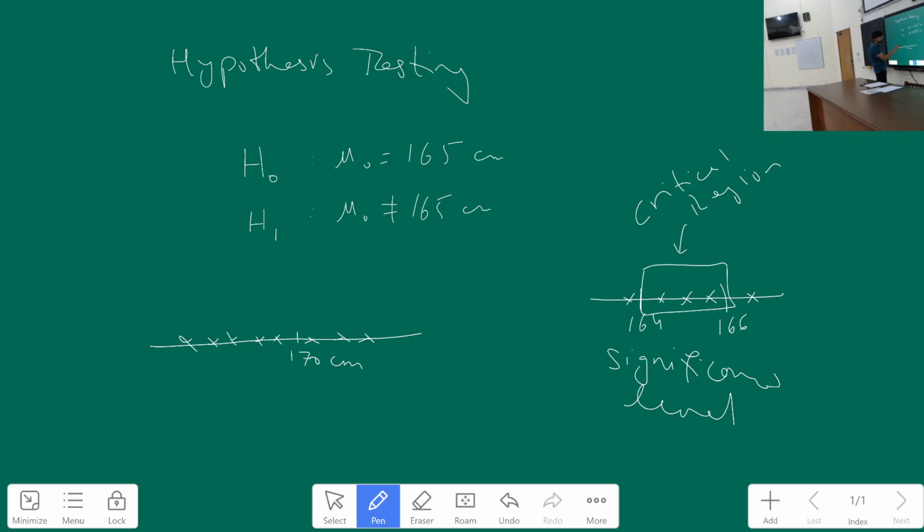Now those of you whose calculation or samples fall between 164 and 166, because it's a random variable, it has variability. If the true mean is 170, most of you will be here actually. But there will be some of you who will fall further out, on this bell curve.